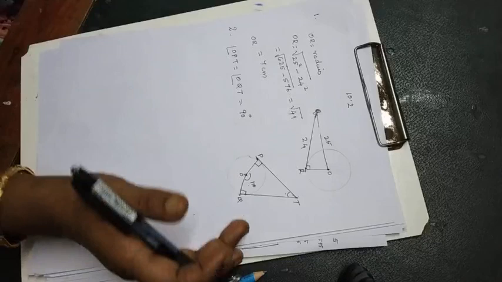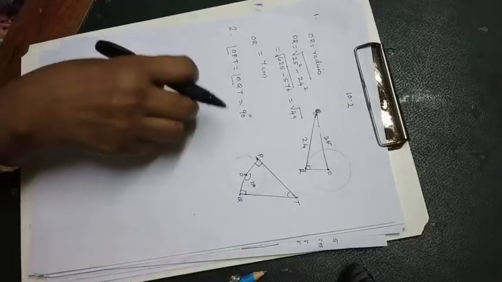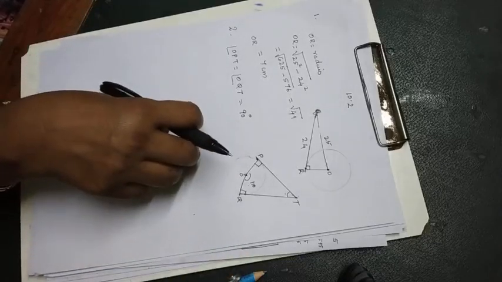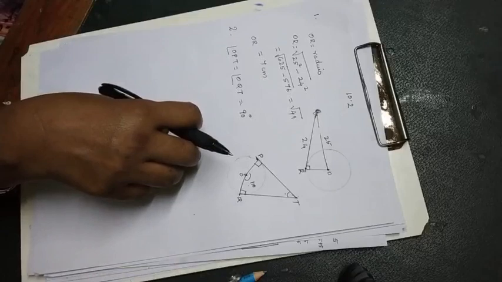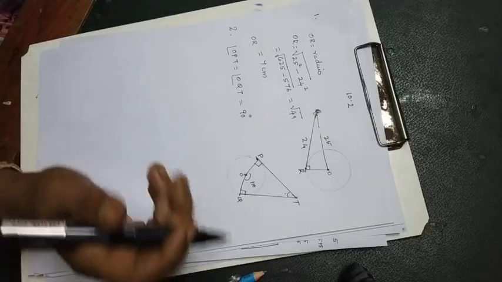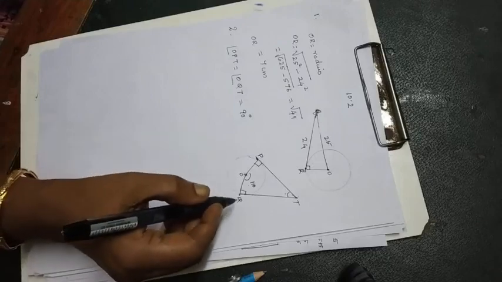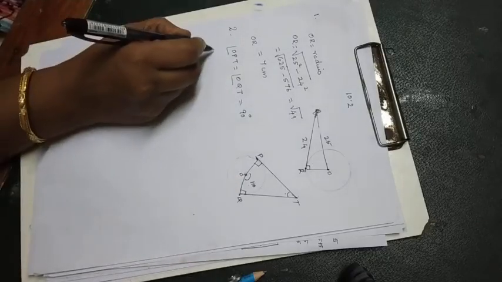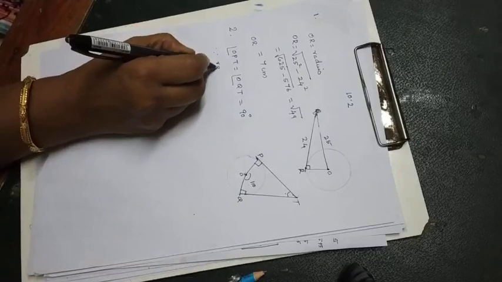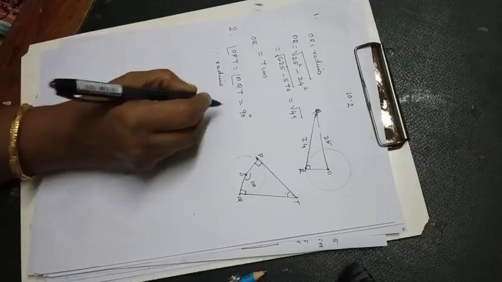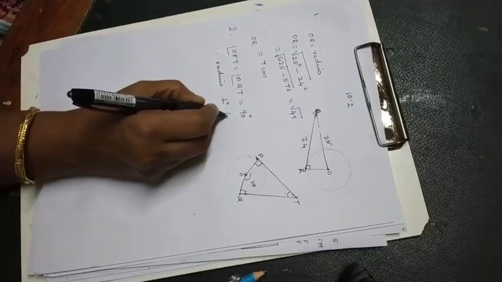So you have to learn this one, and the same way you have to solve also. If it is an MCQ, only the answer we need, but otherwise you have to solve this one. Now the reason is radius is perpendicular to tangent.